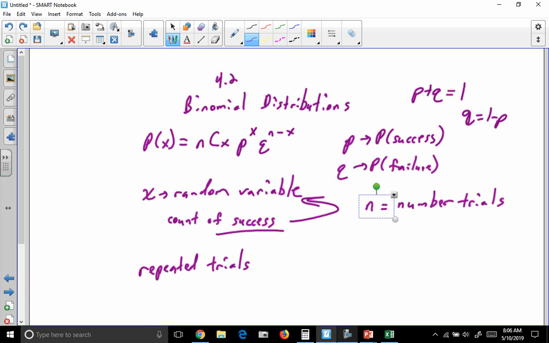If my probability of success changes from one trial to the next, or if the look of my experiment changes from one trial to the next, then it's not binomial. But if my experiment is doing the same thing over and over, then those are repeated trials.